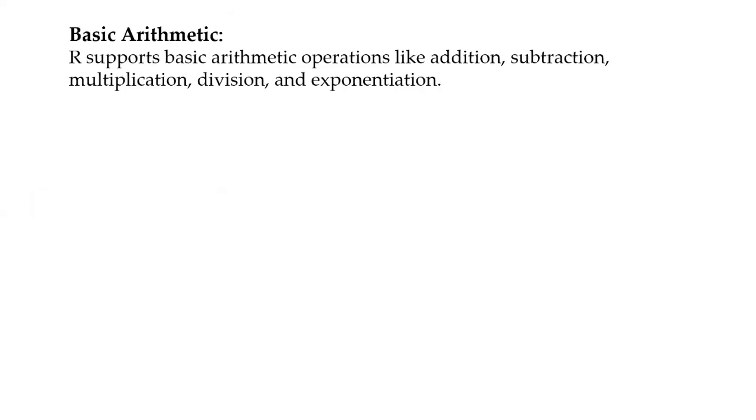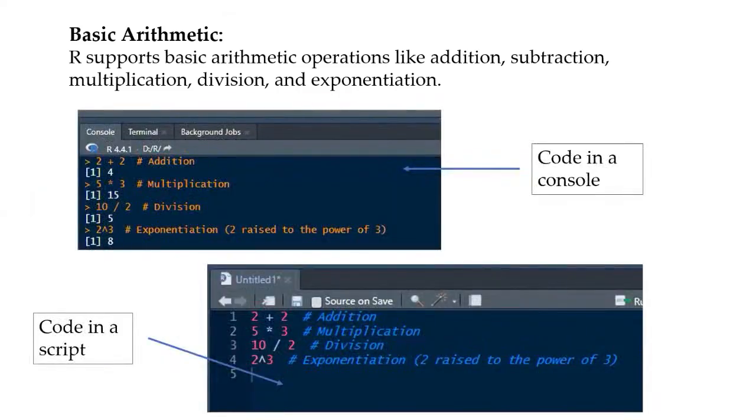We can do normal addition, subtraction, multiplication, division, and exponentiation, that is, raising to the power. Here's an example, also a snapshot from an R console. The image at the top is a snapshot from the console, and the image below is a snapshot from a script.